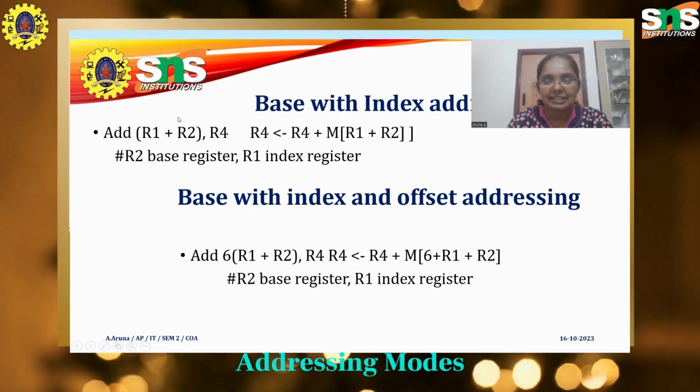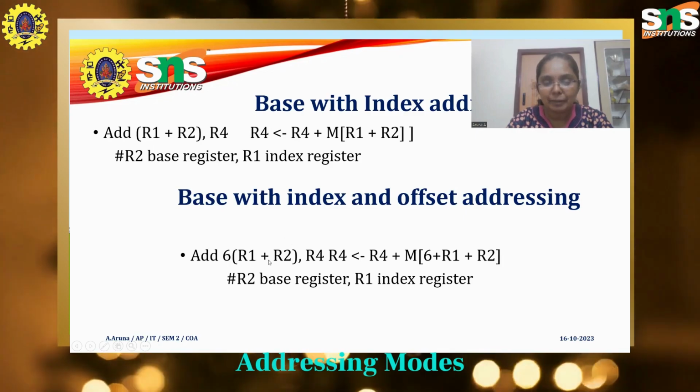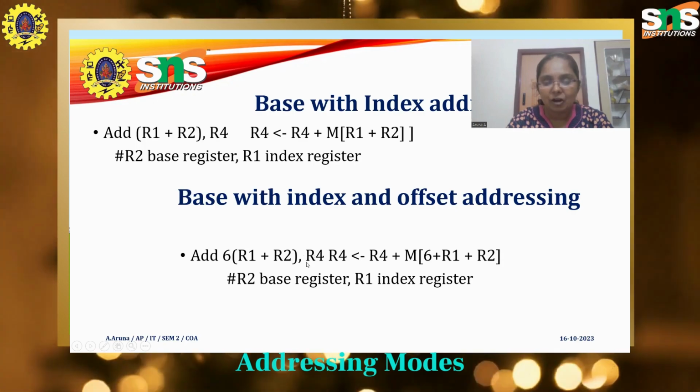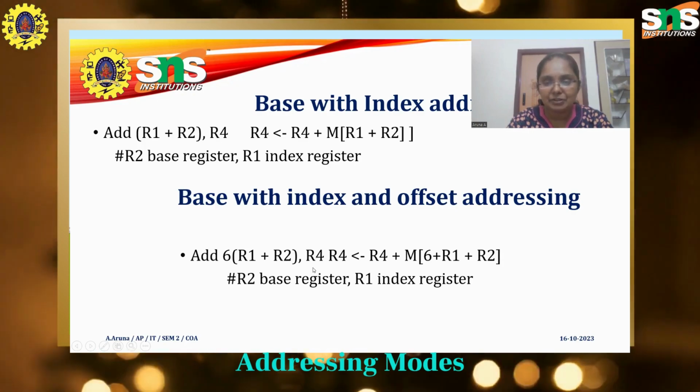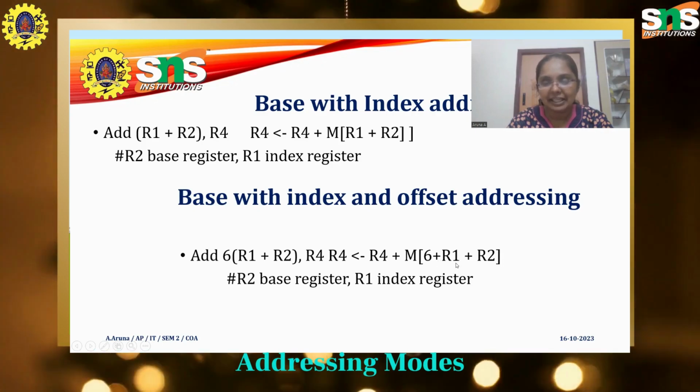There is one value present that is to be added with R4. The final value will be stored in R4. Similarly, it will have some offset value, that is the displacement value, that is 6. These 2 memory locations along with this 6 can be added, and that is added with the R4 register. The final value will be stored in the R4 register. This is base with index offset addressing.